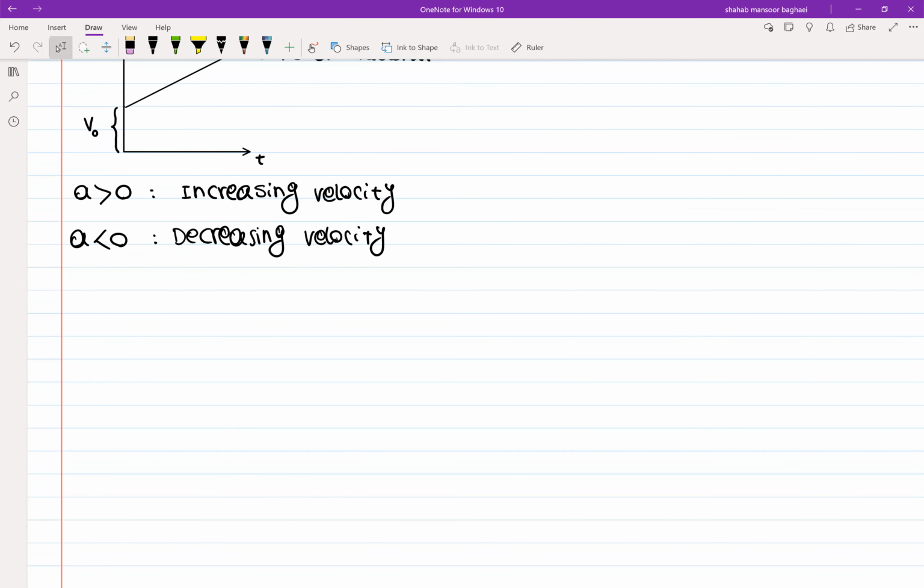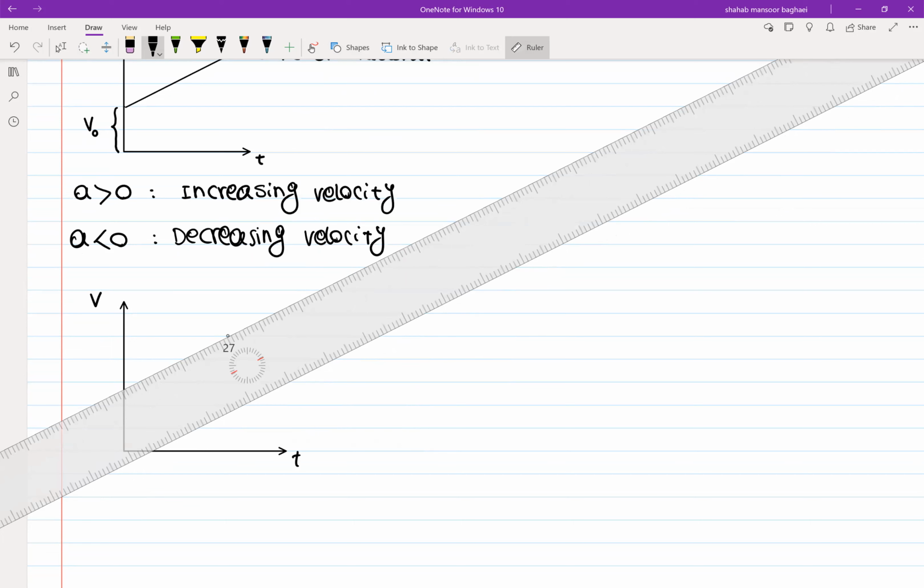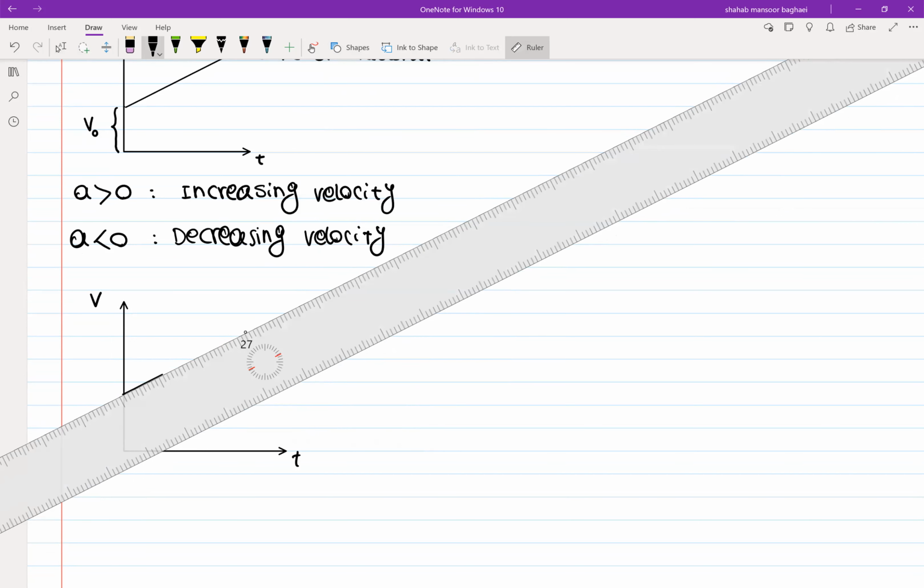Let me show it to you. This is t. This is v. If you have positive acceleration, you have increasing velocity, or you have an ascending graph.